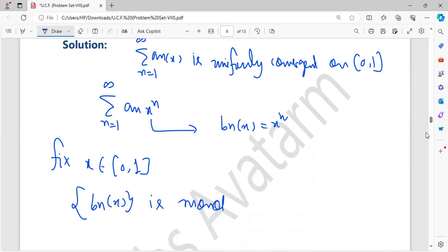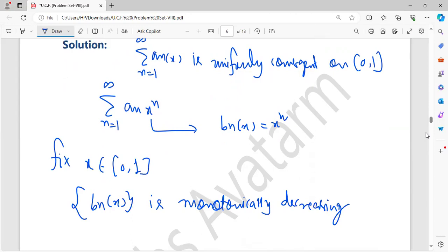Why? If you take x equal to 0, then it is a constant sequence 0, which is monotonic. If you take x equal to 1, then it is a constant sequence 1, monotonically decreasing. If you take x in between 0 and 1, and raise it to the power n, a value between 0 and 1 will always decrease when raised to a power.